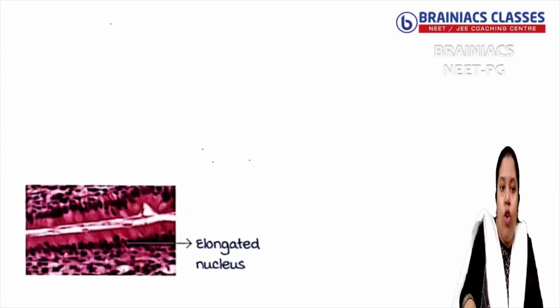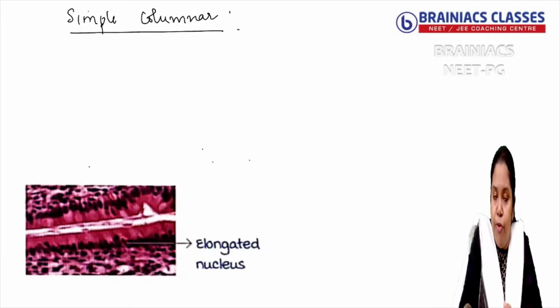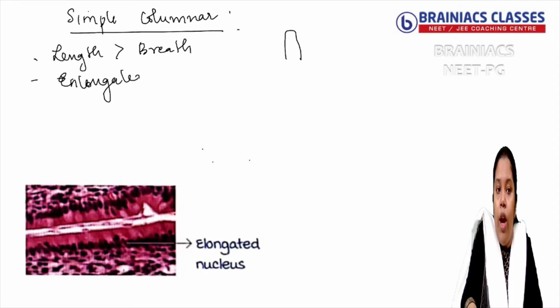Moving on to simple columnar epithelium. Here, what about the features? The length of this cell will be more than the breadth, and they have an elongated or oval nucleus.